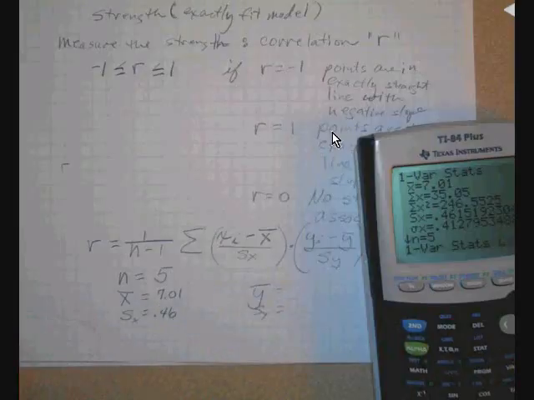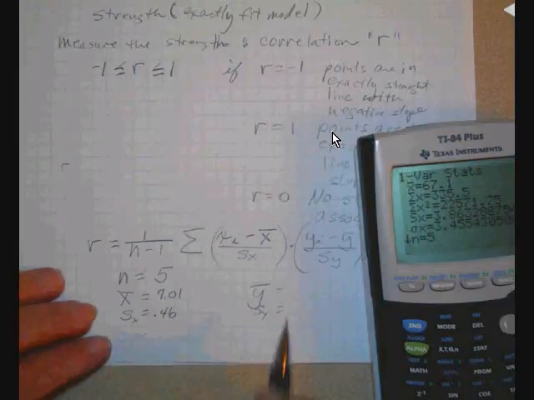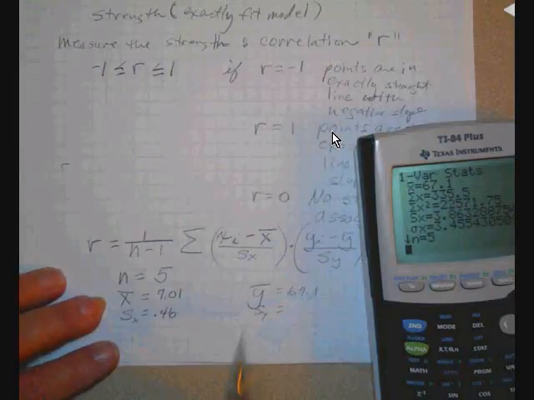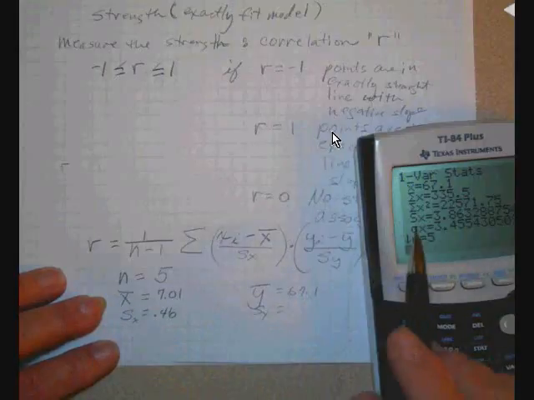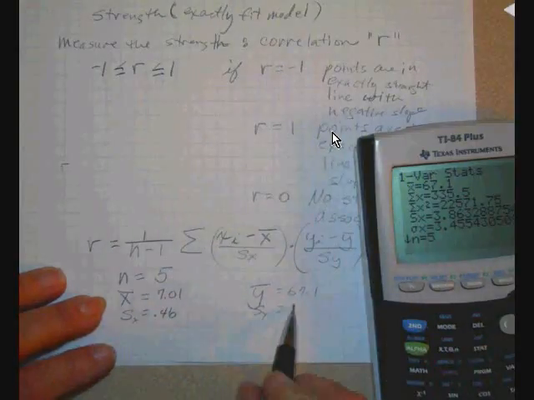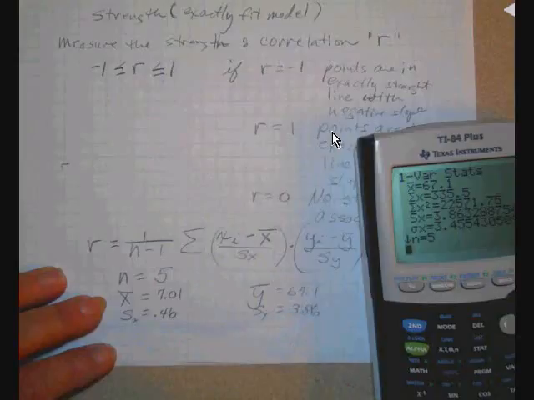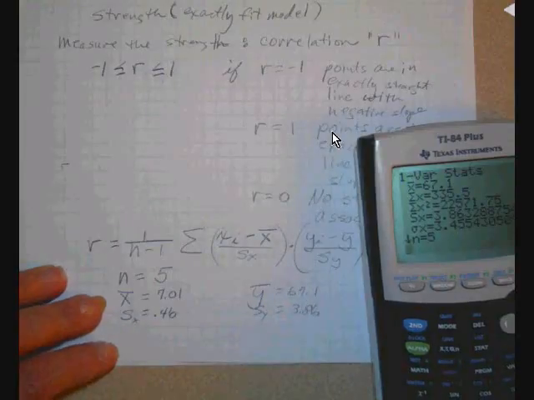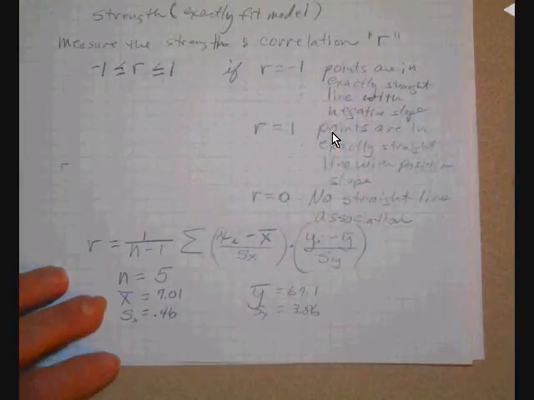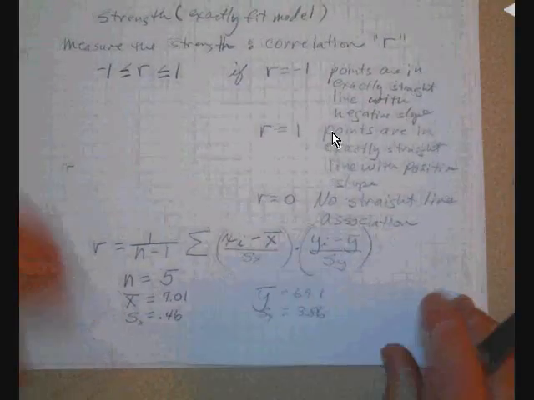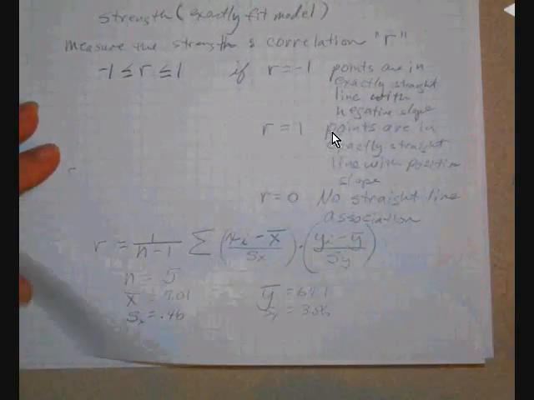It puts it all together for you, but this is fine. And get a mean of 67.1 and a standard deviation of 3.86. Okay. Now I plan on doing some nasty calculations. Then we're going to see if it verifies what you get out of your calculator.